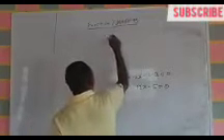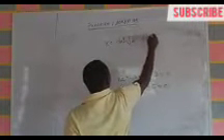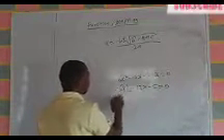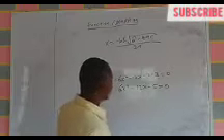So what is this formula? This formula is x equals minus b plus or minus square root of b squared minus 4ac, over 2a. What happens here is that we are going to be substituting from the equation.